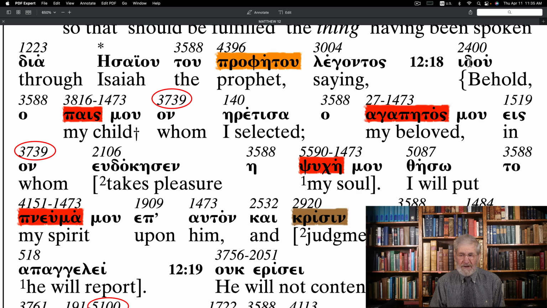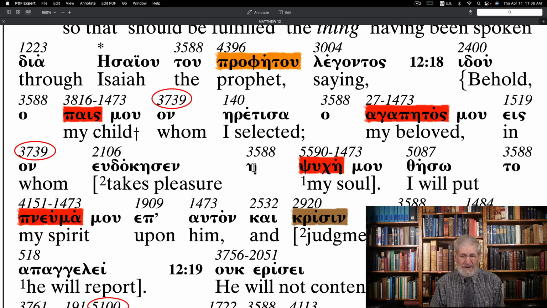And it is, "Idhu o pesmu on iratisa," behold my child whom I selected. We have the pace here, another word different, three different words for that one. Child, servant, and boys, whom I selected.